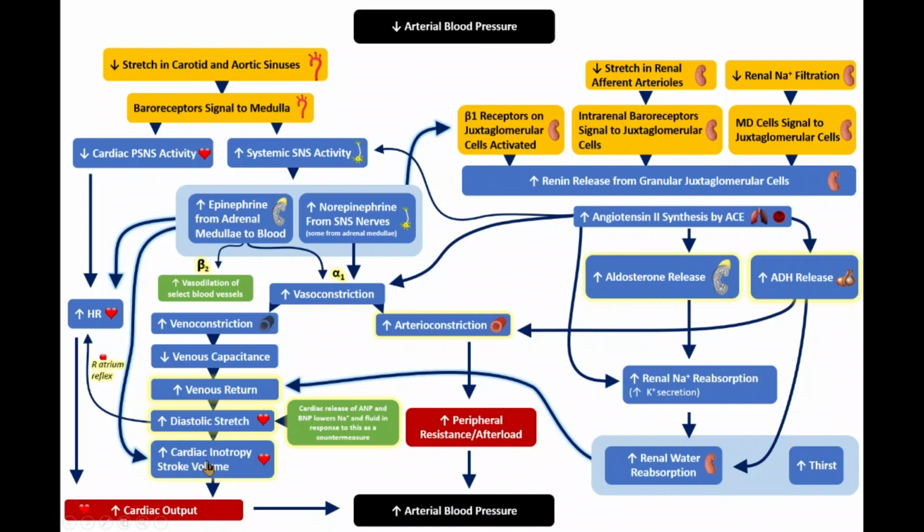So more stroke volume means more cardiac output. More heart rate means more cardiac output. And cardiac output is one of the main factors affecting arterial blood pressure. More cardiac output means more blood pressure. The other side of this is directly in the arteries, and that is called peripheral resistance or afterload. That means the resistance the arteries create that limits the amount of blood that can get out of the heart and go into the arterial system.